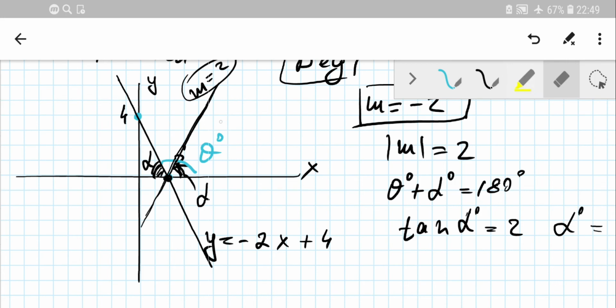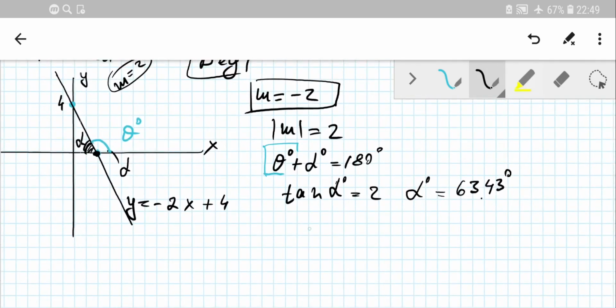So I erased the line. We're supposed to calculate angle theta. From here you can see they are adjacent angles, so you can figure out the value easily. Theta is simply 180 minus alpha, which is 180 minus 63.43 degrees. From there we can calculate the actual angle, which is definitely obtuse.